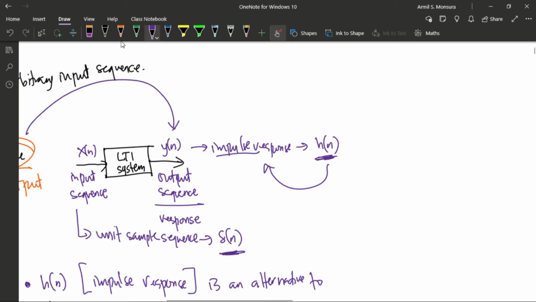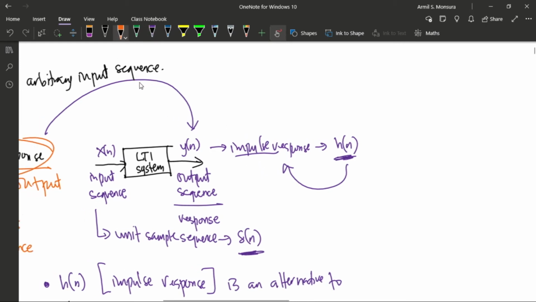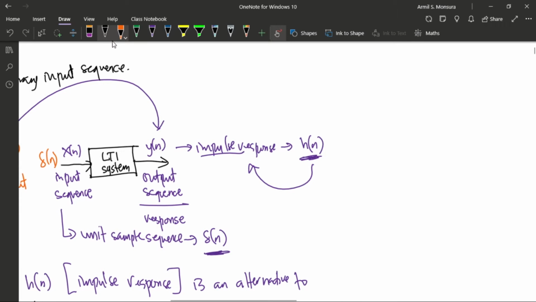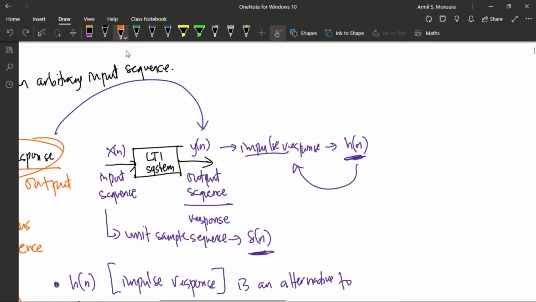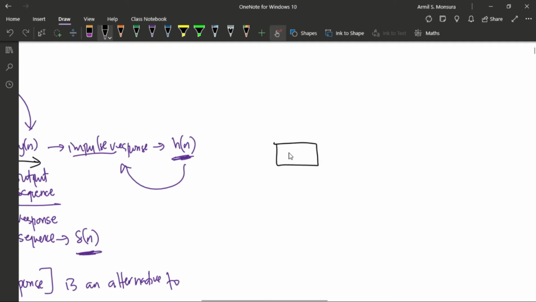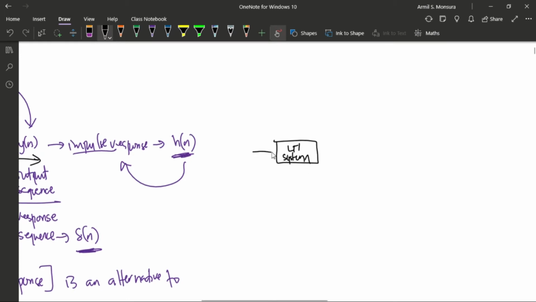So kung ang input pala natin is delta n, drawing tayo ng bagong system. Say ito yung LTI system natin. Kaya rin critical dito na LTI system siya. So again, ito yung input signal niyo, ito yung output signal niyo.